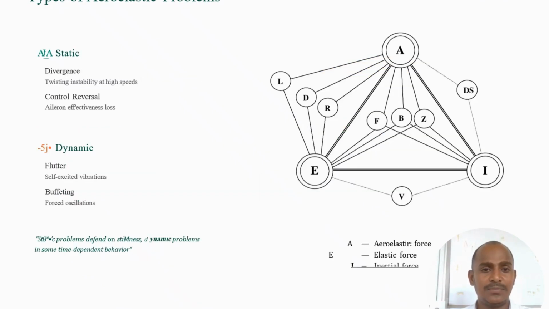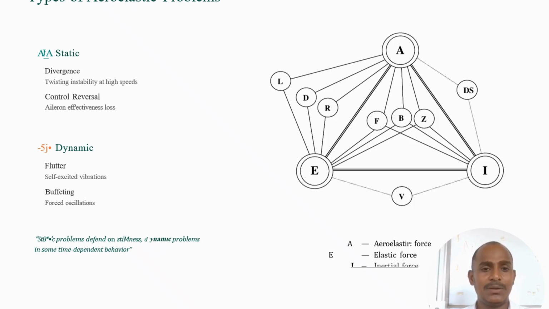Next, aeroelastic problems are mainly classified into two categories, static and dynamic problems. Static problems include divergence, which is instability at higher speed. Control reversal occurs when the control surface loses its effectiveness.